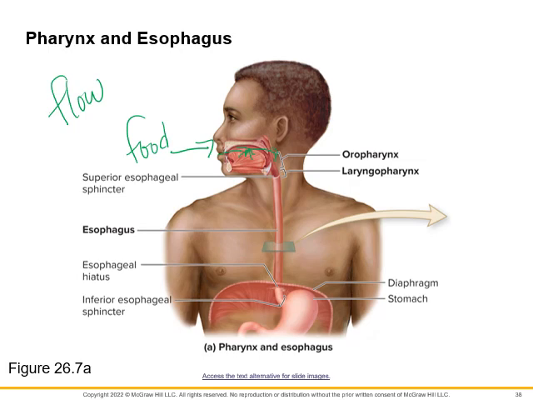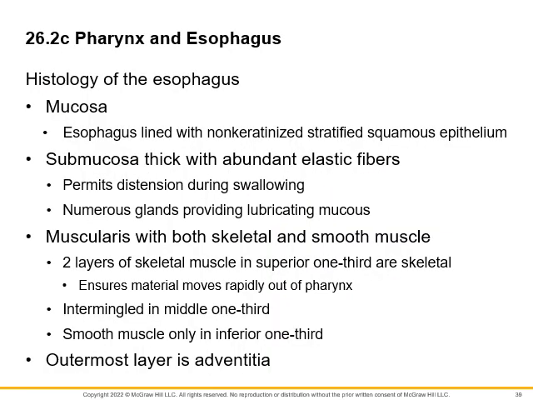So food goes from the oral cavity, then to the oropharynx, then to the laryngopharynx, and then it's going to move down the esophagus, travel through the diaphragm at that esophageal hiatus, and now we've finally gotten to the stomach. And we're going to go through all the parts of the stomach. So the esophagus, again, we have the mucosal layer, the submucosal, the muscularis, and the adventitia.